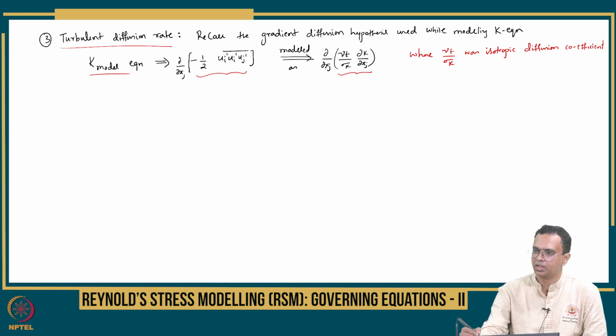So if ∂k/∂x1, let's say, is 0, it assumes there is no diffusion. That is the whole modeling point: we are looking into a gradient. Gradient becomes 0, diffusion becomes 0.